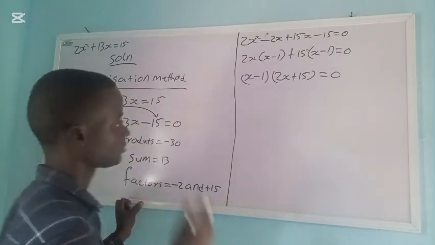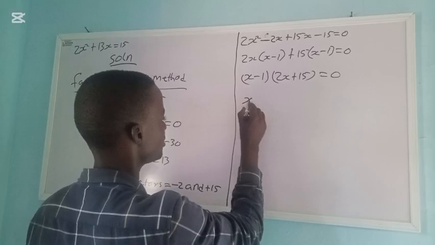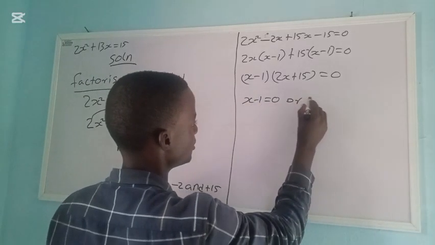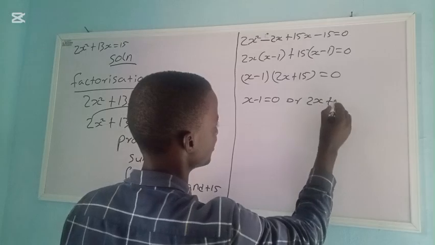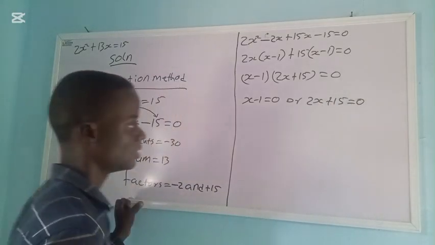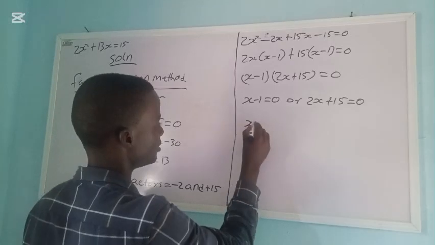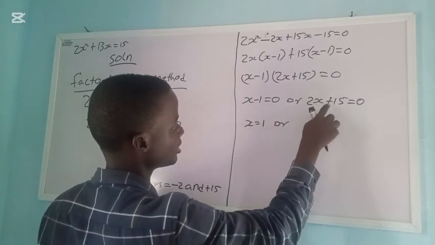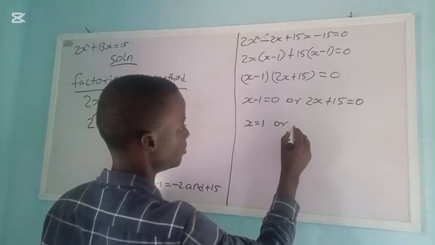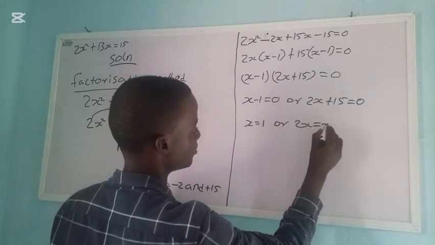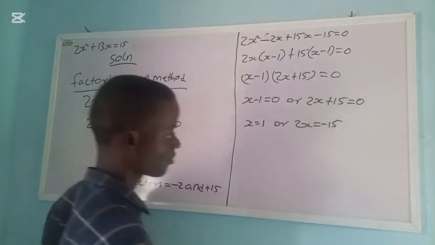So x minus 1 is equal to 0, or 2x plus 15 is equal to 0. So x is equal to 1, or, let's carry this 15 to this side, 2x is equal to minus 15.